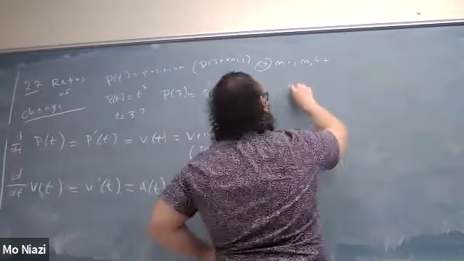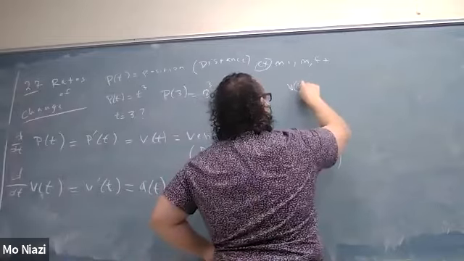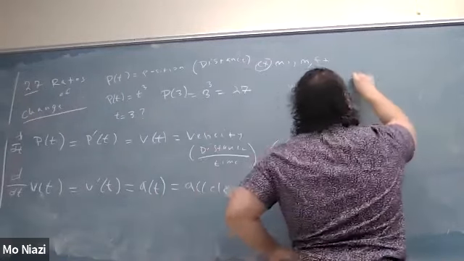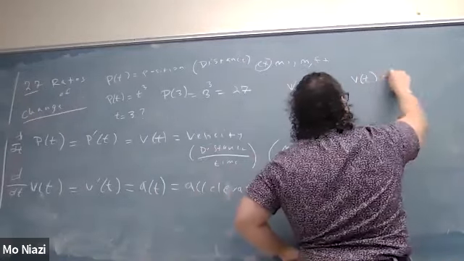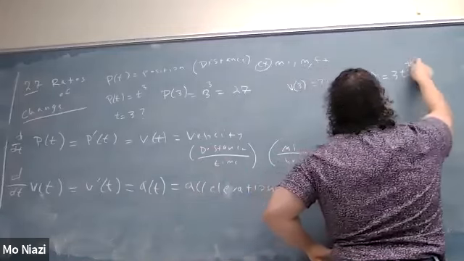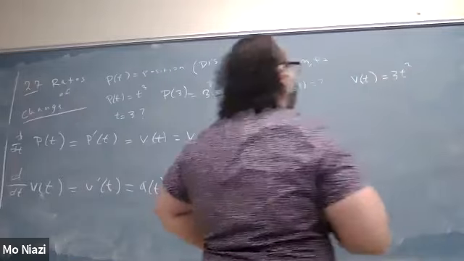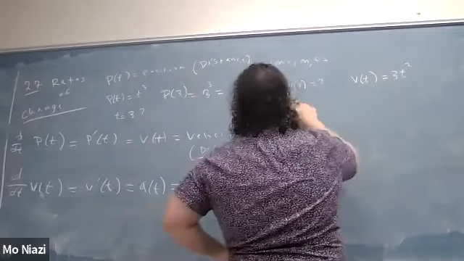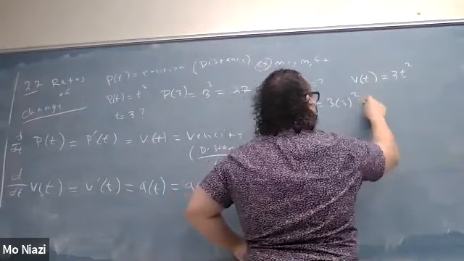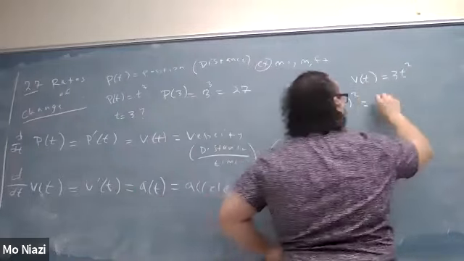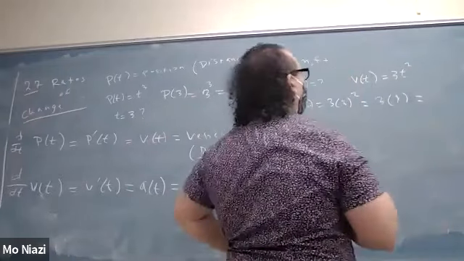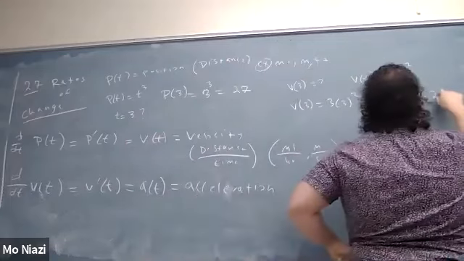So what is your velocity at time equals 3? The general equation for velocity would be 3t squared, because you take the derivative of t cubed, you get 3t squared. So v of 3 is 3 times 3 squared, which is 3 times 9, which is 27.